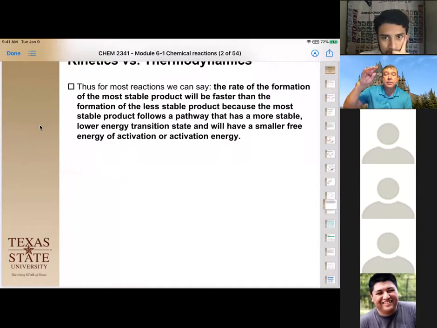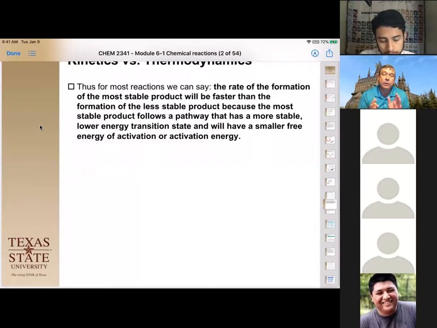So if you have less energy in there, then you have a small free energy of activation, and therefore we have a smaller energy barrier to go. So it is faster. A smaller activation energy is faster, but then that change in the free energy at the end is usually larger than if it was not going through that pathway.